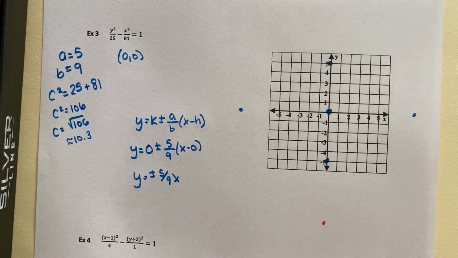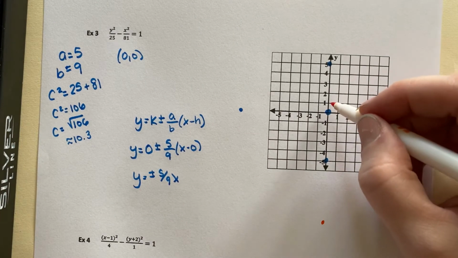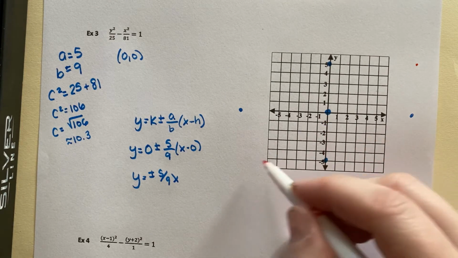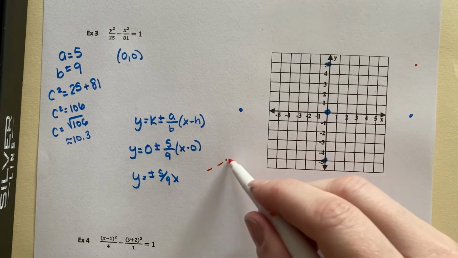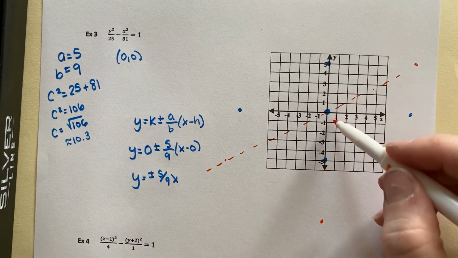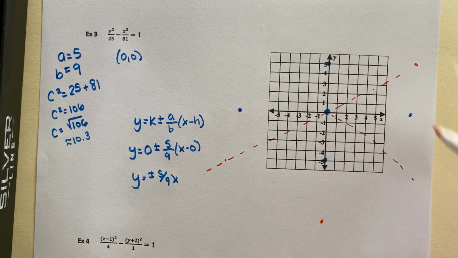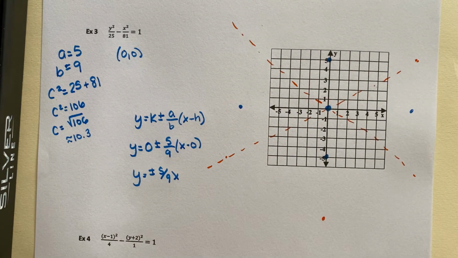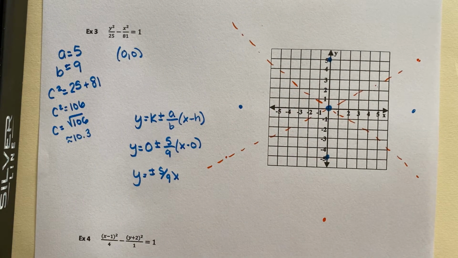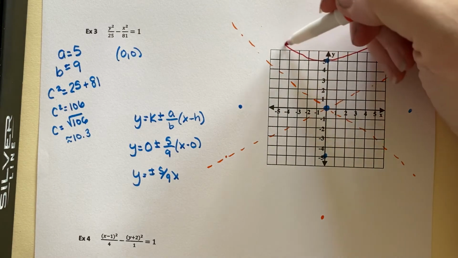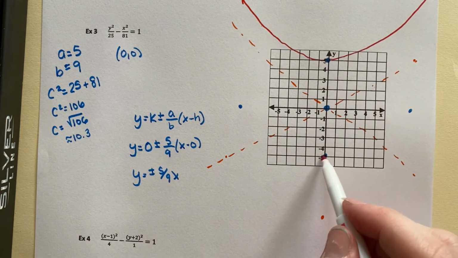So I'm going to grab my other color and I'm going to do up 5 over 9. Okay, so we're going to start at the vertex. It's going to be a pretty wide hyperbola.